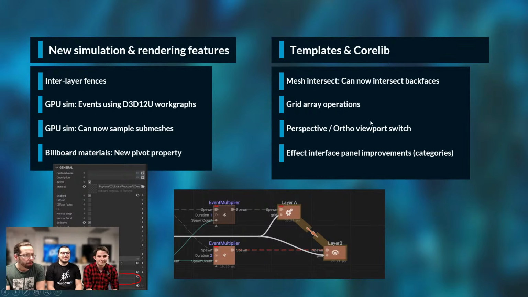You have a perspective to orthogonal viewport switch now, also in the effect editor viewport, and a bunch of improvements on the effect interface panel, mostly related to the categories. Before it was pretty painful to create new attributes and place them into categories. Now you can directly create attributes inside the category or drag and drop attributes between categories, and everything works as expected.